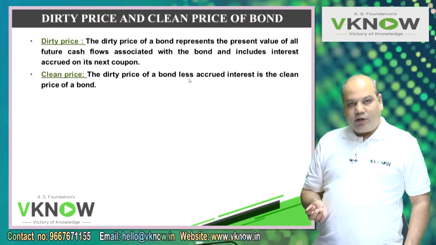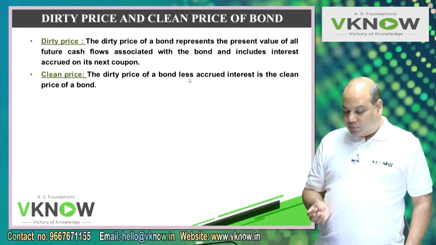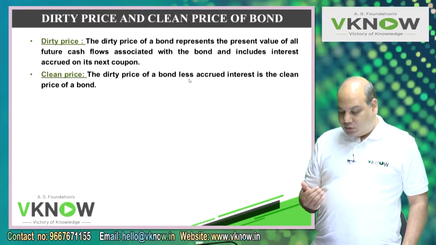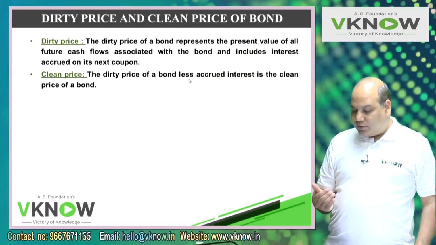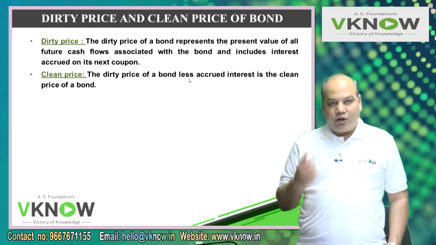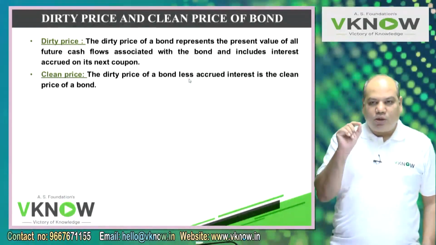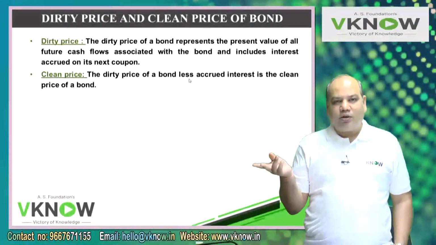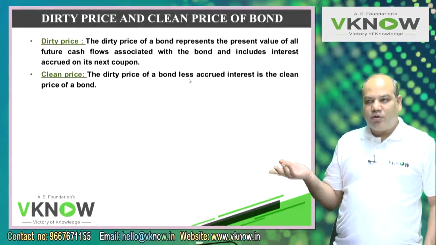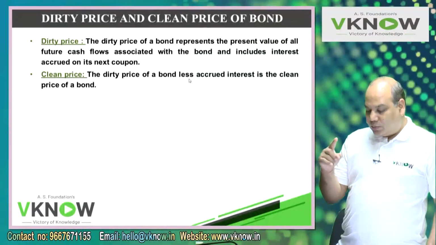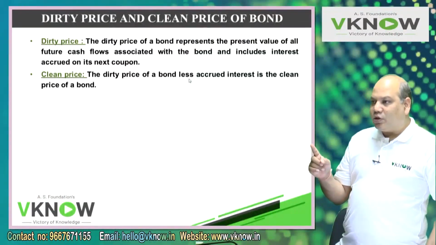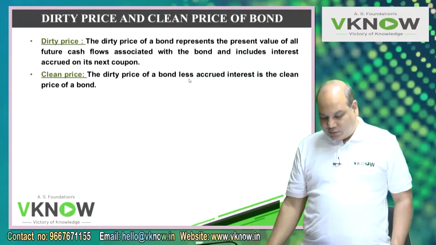Then what is clean price? Clean price means the dirty price of a bond less accrued interest. So cum interest price minus interest is ex interest price. Same thing here, dirty price minus interest accrued is clean price.